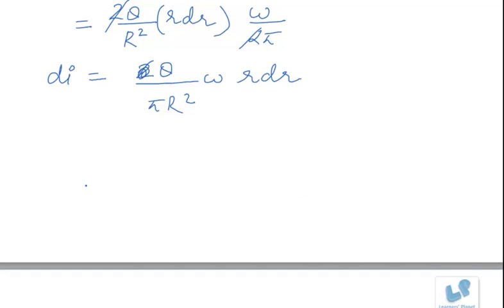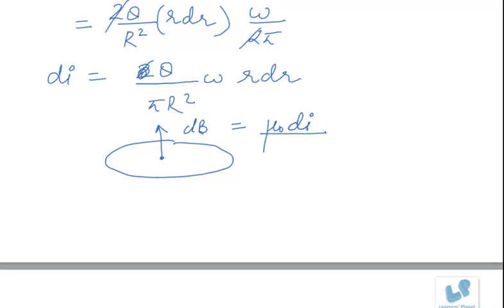Now because of this elemental current di, there will be a small contribution towards the total magnetic field, and that contribution is dB, which is given by mu naught di by 2r.